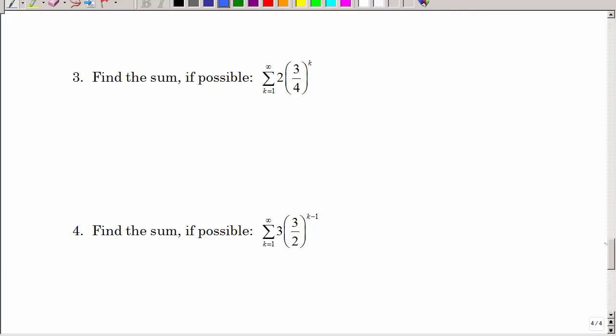So can we find the sum on number 3 and 4? Well, this is geometric, and when it's written in sigma notation, that value raised to the power, that's going to be r. Is that less than 1? Yes. So can we find the sum? Yes. So the sum is the first term divided by 1 minus r. So how do we find that first term? We plug in that first value down there.